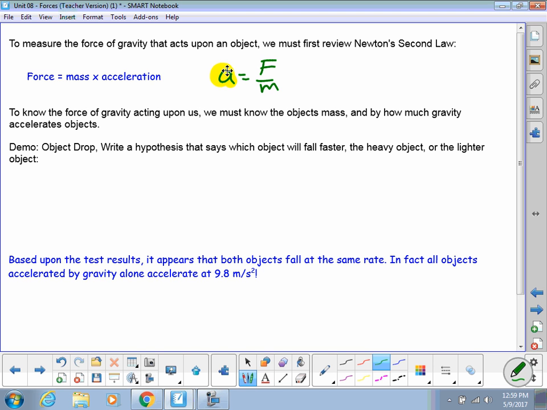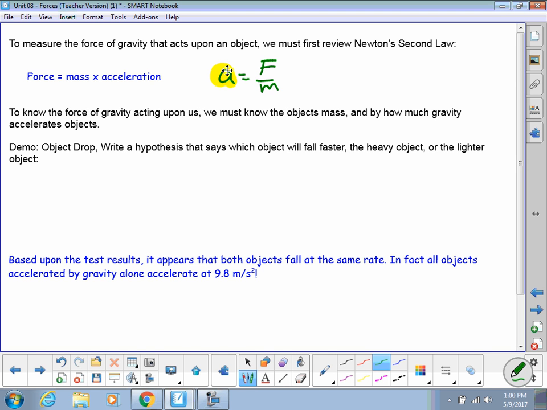We can then equate that to the gravitational acceleration, which in hours 3 and 4 we looked at, and we can talk about in first hour next time I have class with you guys on Friday. Anyway, to know the force of gravity acting upon us, we must know the object's mass and by how much gravity accelerates those objects.